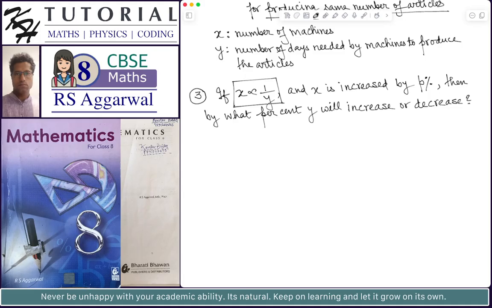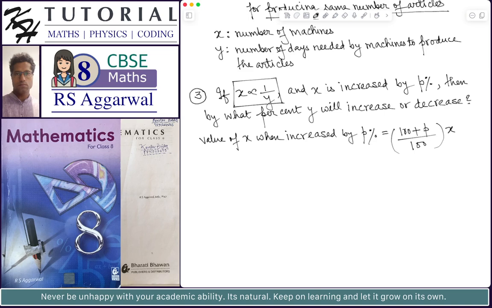The value of x when increased by p%, you must be very clear about this, is 100 plus p divided by 100 multiplied by x. So this, 100 plus p divided by 100 multiplied by x, will be the value if x is increased by p%.